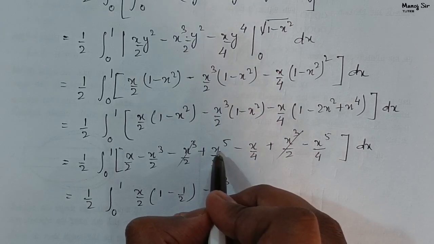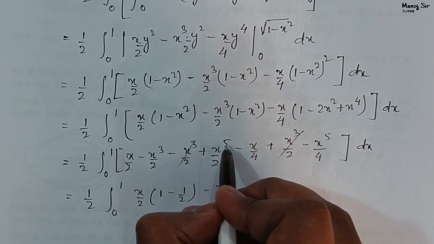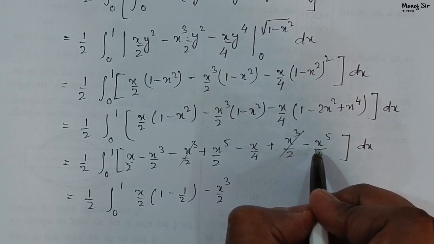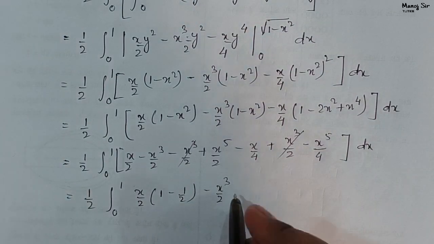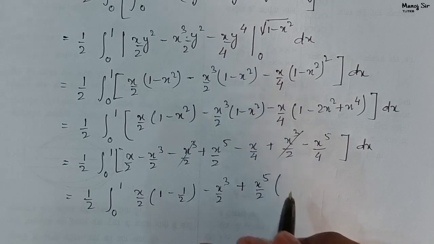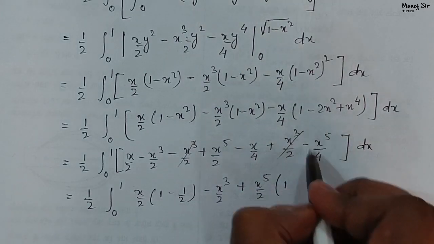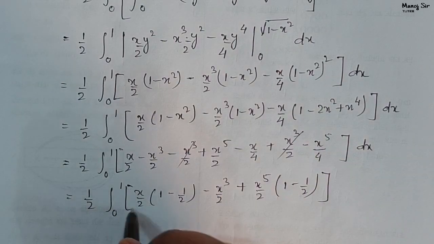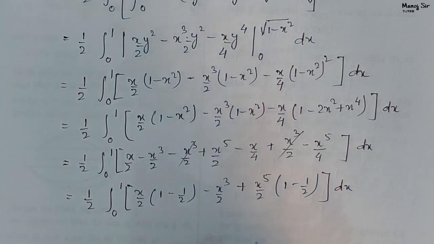Now coming to the part with x to the power 5: here we have x to the power 5 upon 2 and here we have minus x to the power 5 upon 4. So we can take plus x to the power 5 upon 2 common, what is left is 1 and minus half. Now closing the bracket, that is dx.